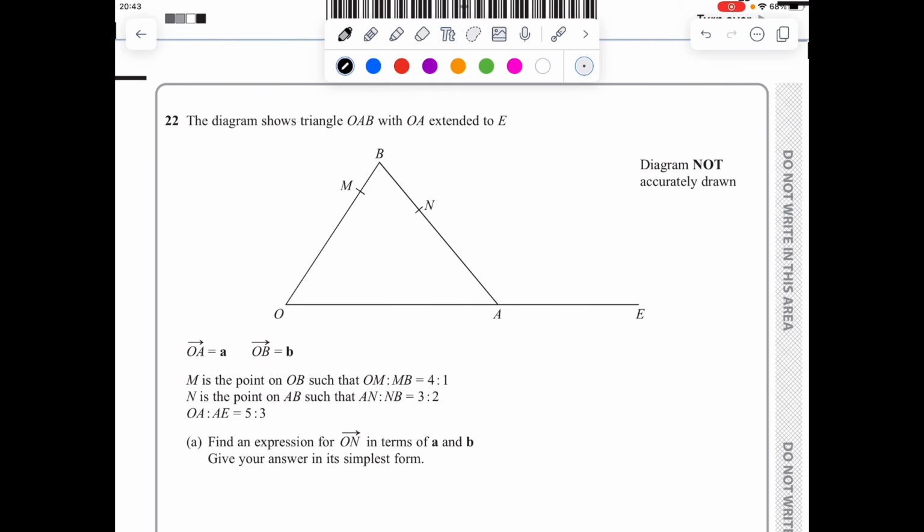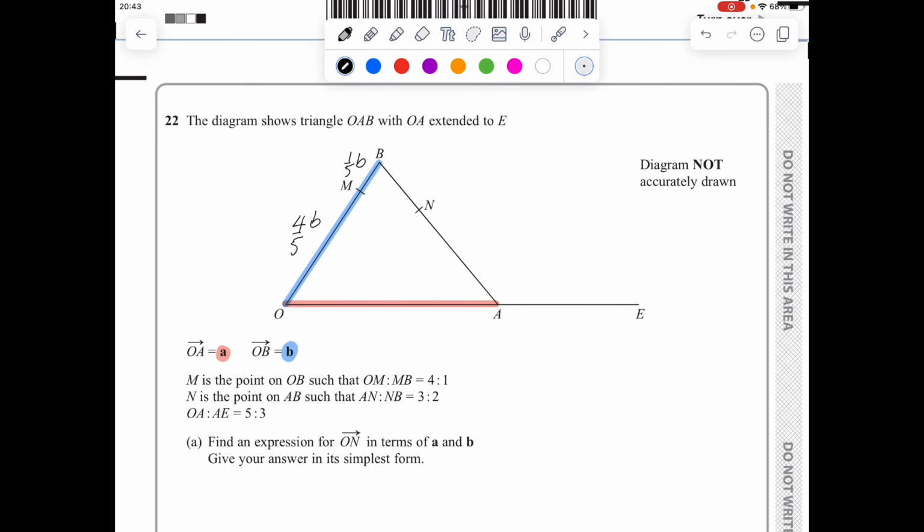For question 22, let's put some colors. Vector a is the red one, vector b is the blue one. Now I'm given that M is the point on OB such that OM to MB is 4 to 1. Hence, OM is 4/5 of b and MB is 1/5 of vector b. I'm also given that N is the point on AB such that AN to NB is 3 to 2.